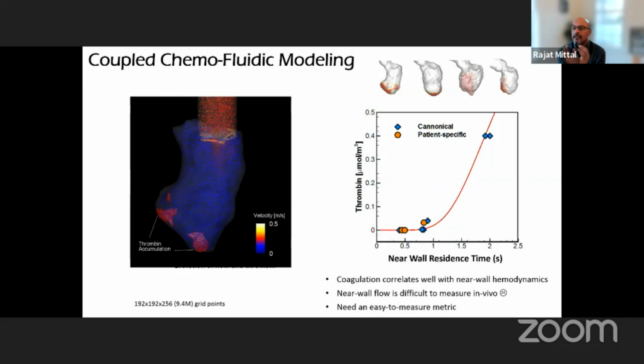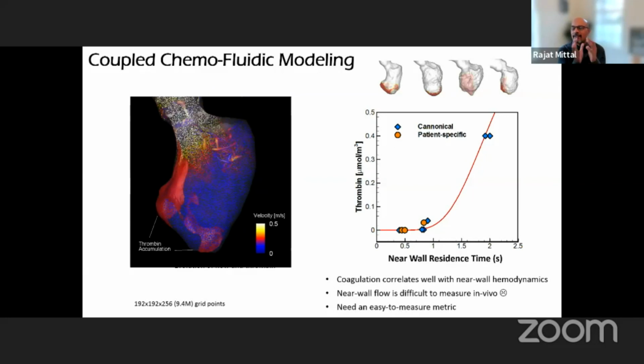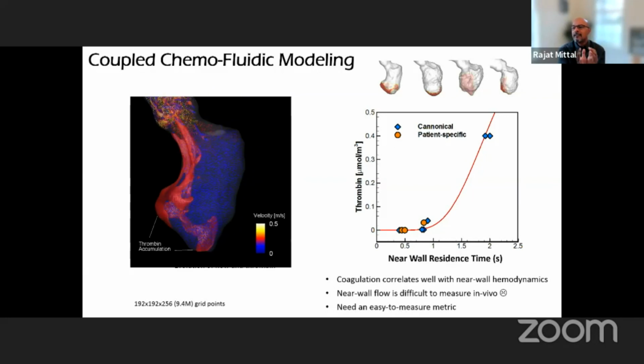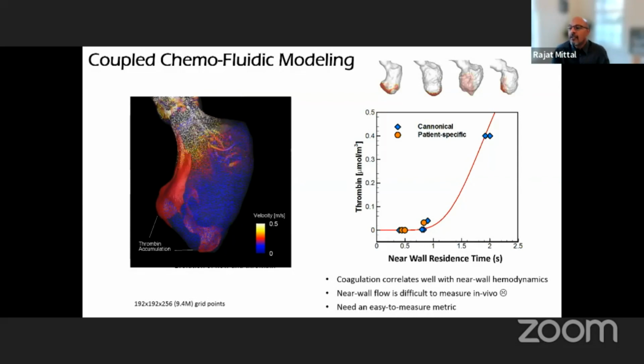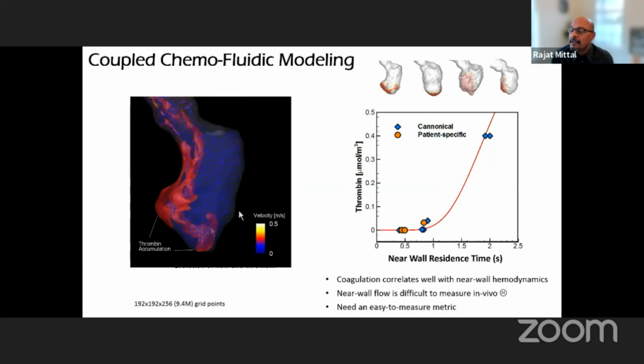So each and every one of these simulations is fit to the movement of the heart of that particular patient. We are not synthesizing the movement ourselves. The movement is directly connected to the actual CT scan for the patient.